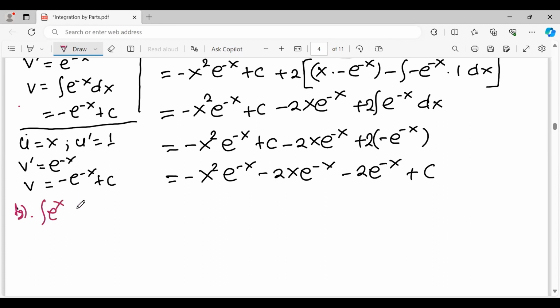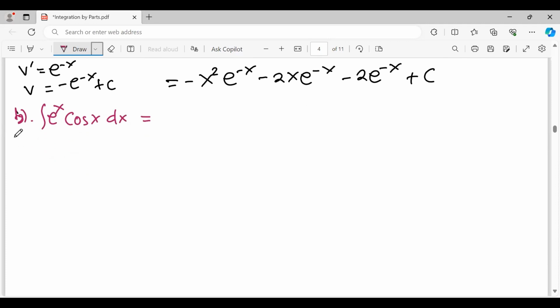U is cosine x, so derivative u equals minus sine x. Derivative v is e power x, so v is the integral of e power x dx, e power x plus c.